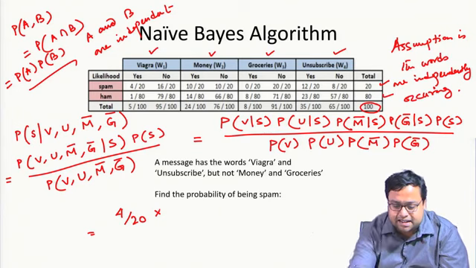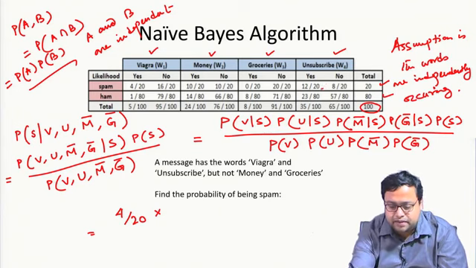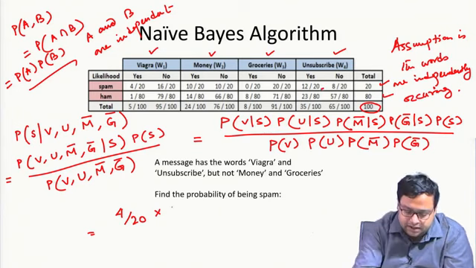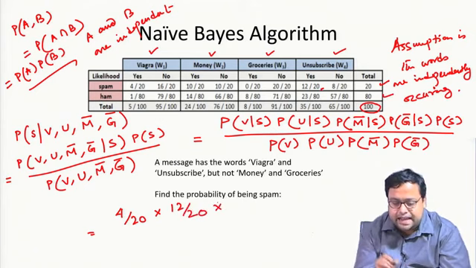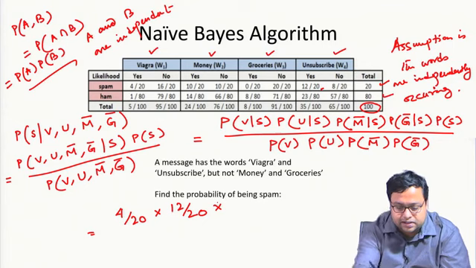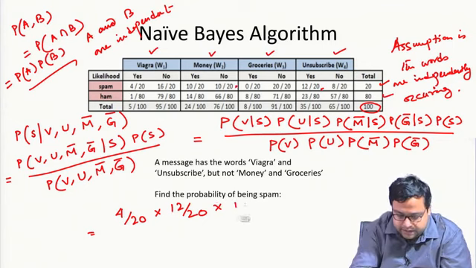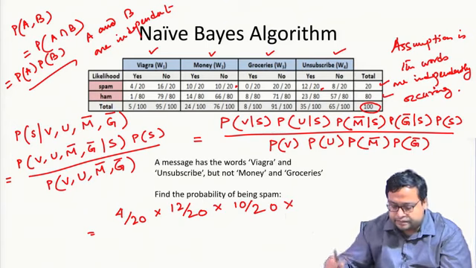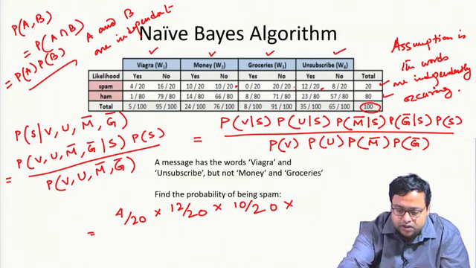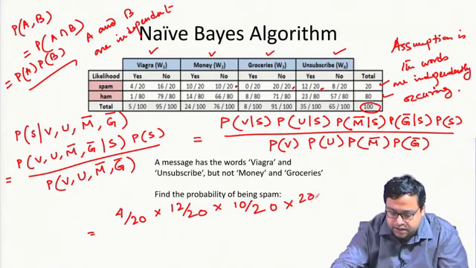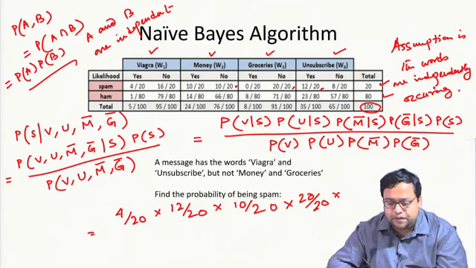So, then what is U given S? U given S is unsubscribe. You see this value, so basically 12 by 20. Then what is M dash? M is not occurring, so this is 10 by 20. Then the last one is G dash, G is not occurring, so 20 by 20, into what is P of S?